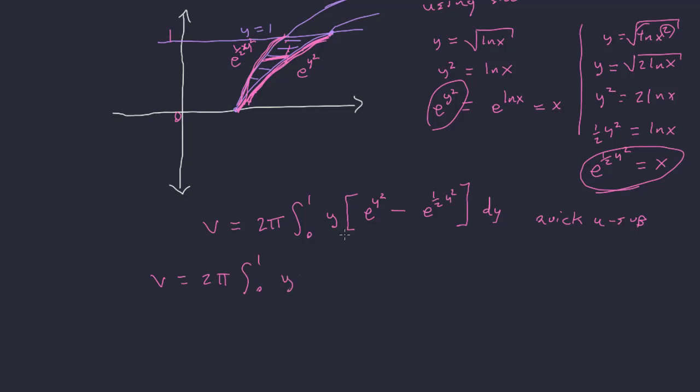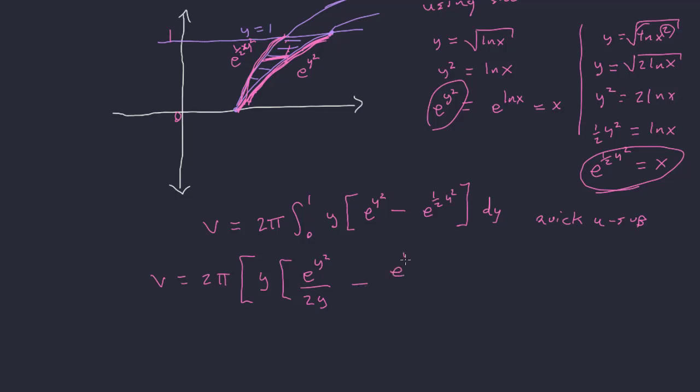I'm going to leave this y here, but then integral of, and I don't know why I keep forgetting to do that. All right, so I'm going to leave the y here, and then the integral of e to the stuff is itself, but then we divide by the derivative of that stuff, and we'll do the same thing here.